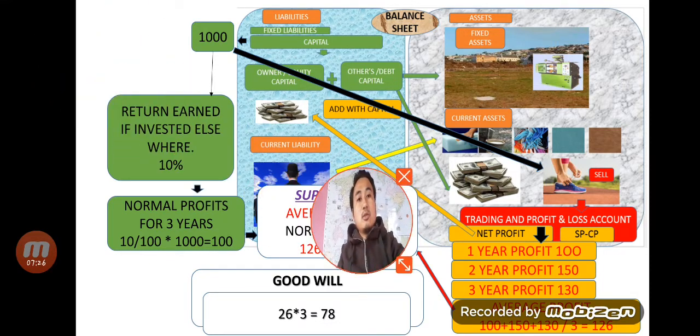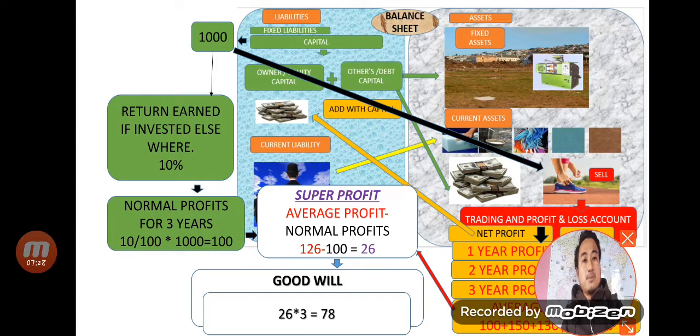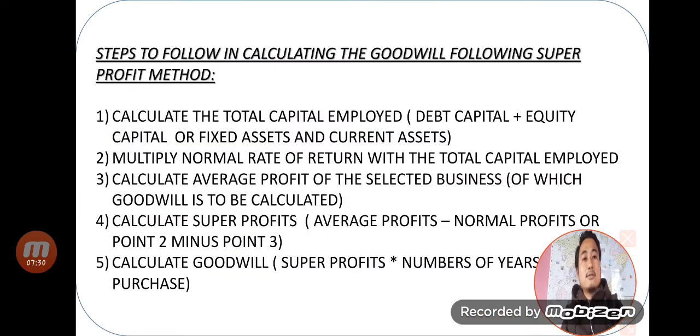In order to make it easier to remember, I have written these steps. Point number 1, you need to see how much capital the business has, or how much capital the investor wants to invest. Point number 2, the normal rate of return: the normal market rate of return needs to be calculated.